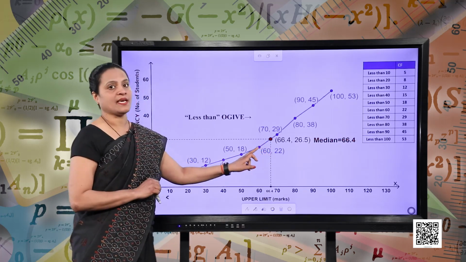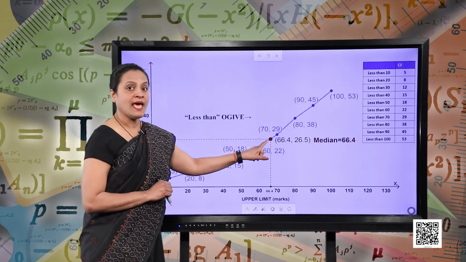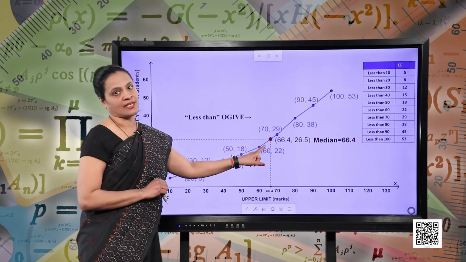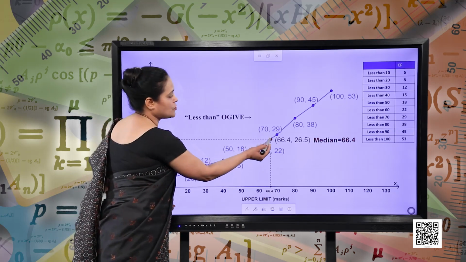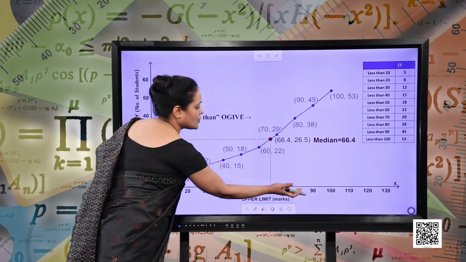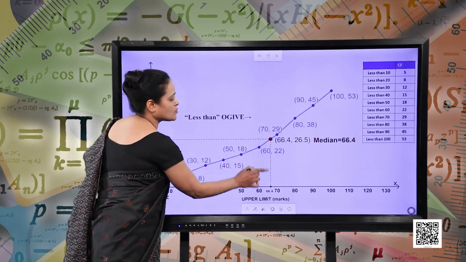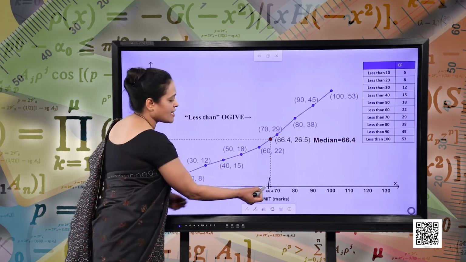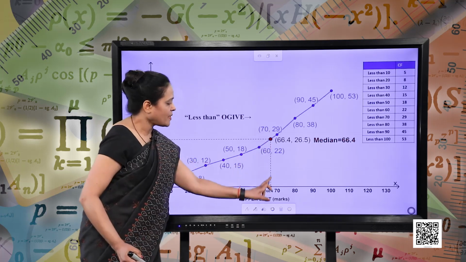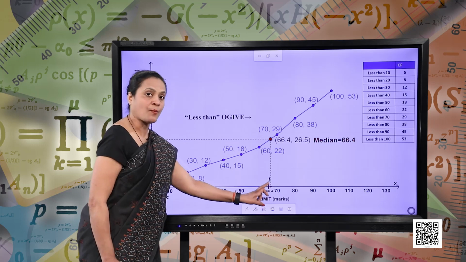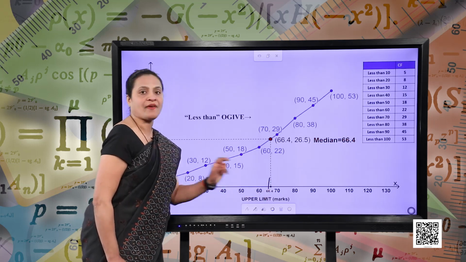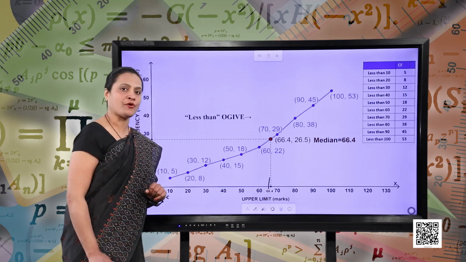To get the median, we need the x coordinate of this point. To get that x coordinate, we will draw a line perpendicular to x-axis from this point. You can see that this perpendicular line intersects x-axis at a point where the value of x is 66.4.